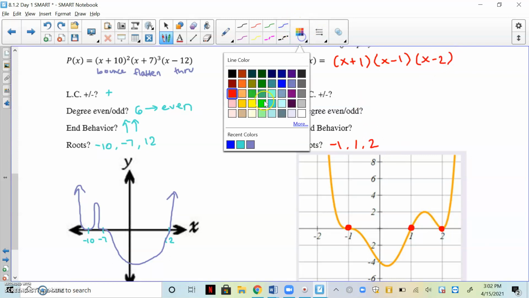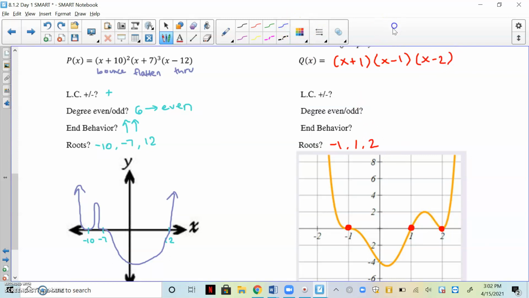All right, so now all we have to do is figure out the exponents. So this one flattens, so it's a triple root. So that means it's going to have an exponent of 3. Because this root goes with this factor.